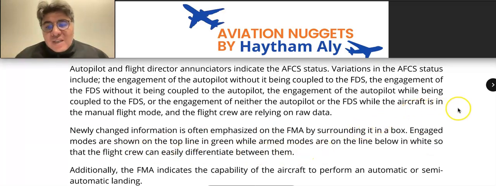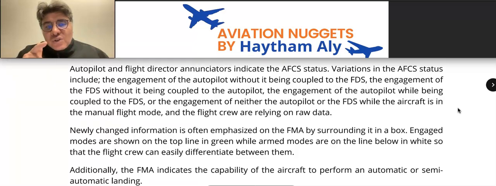Flight mode annunciator may be of 5 columns in Airbus, and in Boeing I think about 3 columns. Okay everybody, so this was a session regarding the flight mode annunciator. Landing capabilities on the FMA.